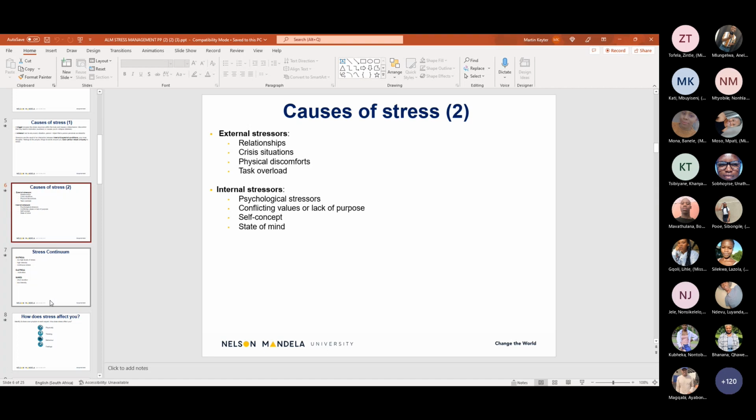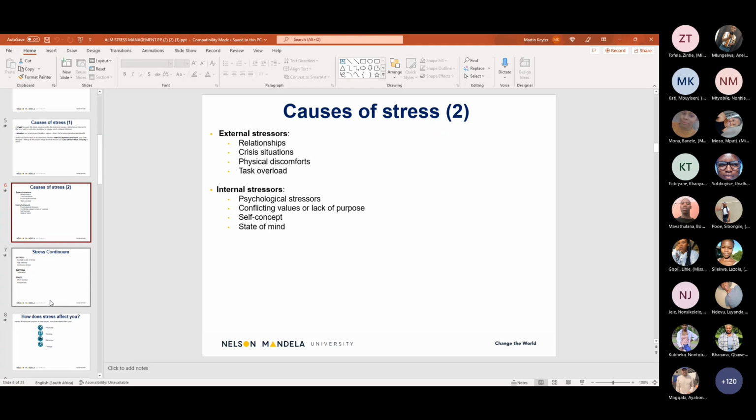So let's use an example. If we take external stresses such as relationships, it might be that you've been in this relationship since your final year at school, and you are with the same person in first year on campus, and that relationship is still going strong.